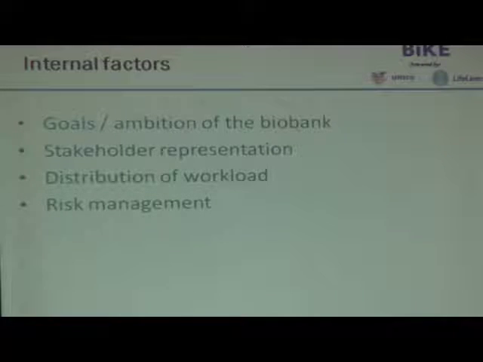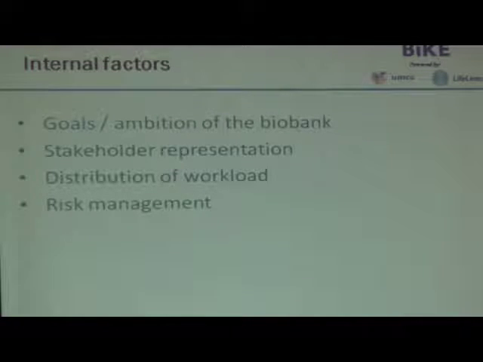A key factor is the stakeholder representation. If you are building, for instance, the UMCG Biobank, an institutional biobank, you need to have institutional representation, you need to have representation of the donor, the investigators, the doctors, the ethics, the finance.